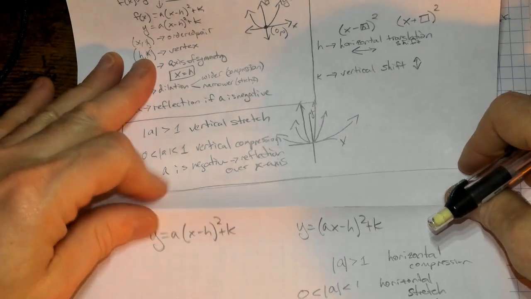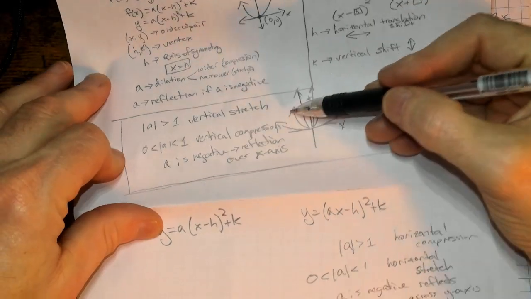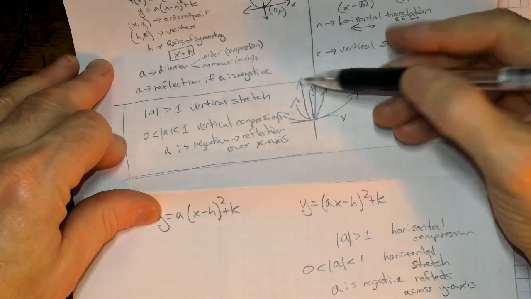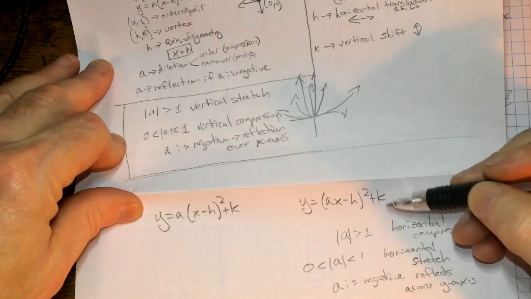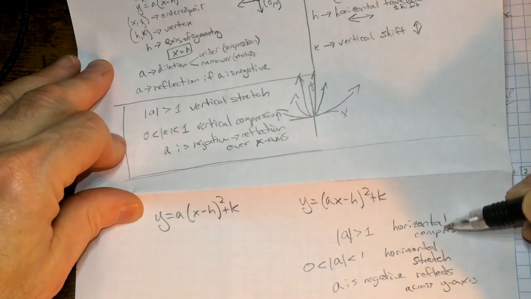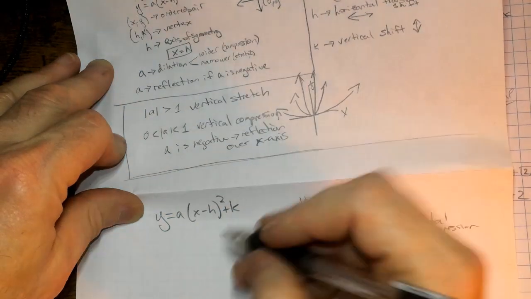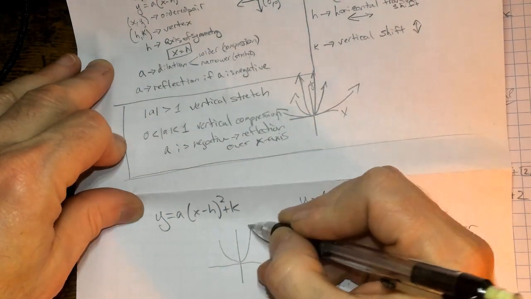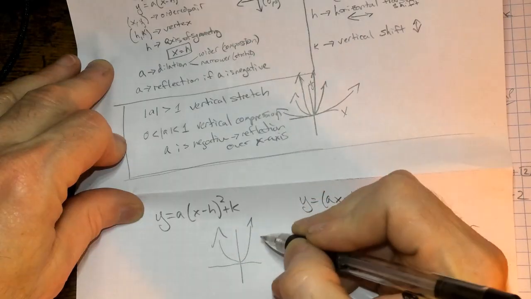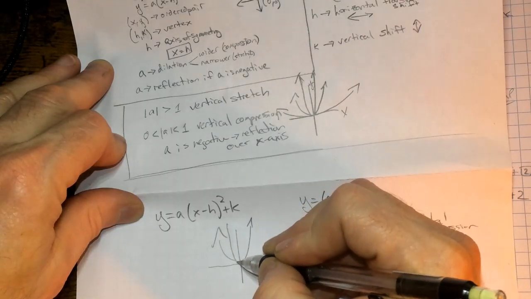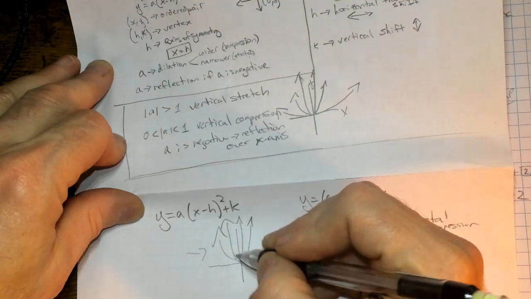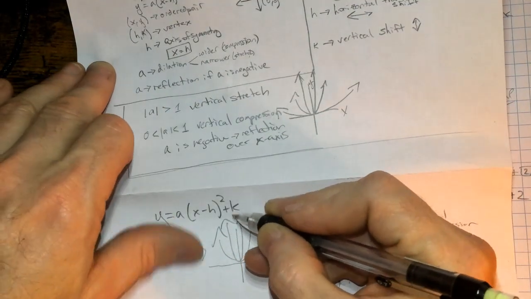We have vertical stretch when A is greater than 1, when A is on the outside. But over here, when A is greater than 1, it's a horizontal compression. And if you think about a horizontal compression, here's my parent function, a horizontal compression would be like if I was coming from the sides and trying to squeeze this, it would keep squeezing it until it was vertical.